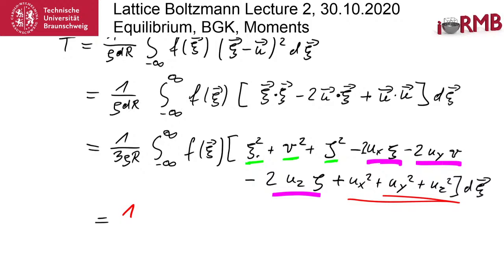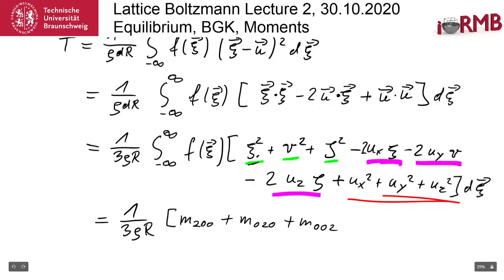So 3 rho R. Now the moment, so the second moments, this corresponds to M200 plus M020 plus M002.